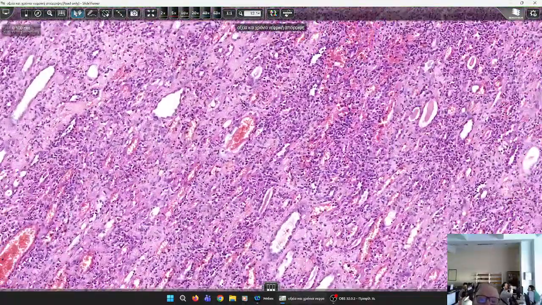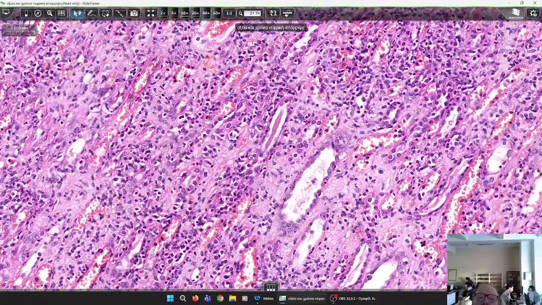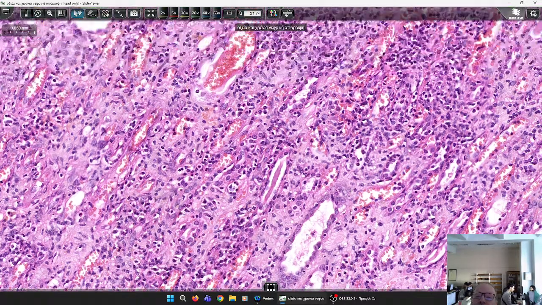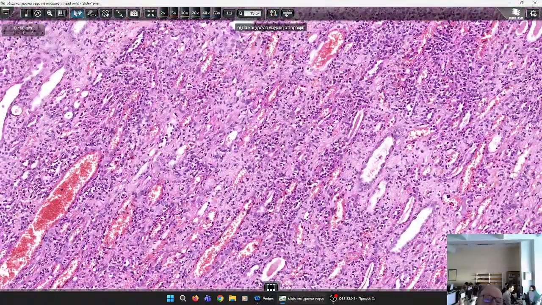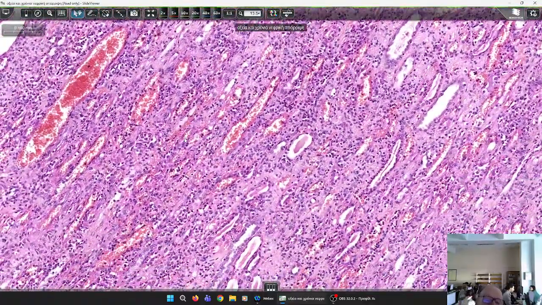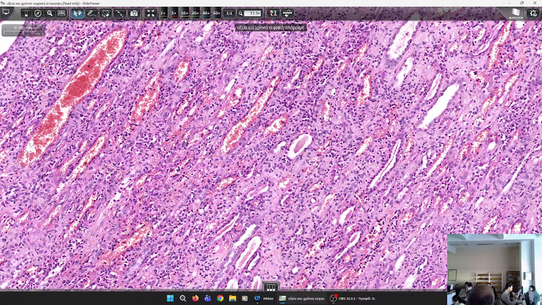So here, let me have a look at another type of rejection which is less severe, and is this type in which you see immune cells entering the epithelium of the urinary tubules. When we see more than 3 lymphocytes in the epithelium of the urinary tubules, this is called tubulitis, and this is a form of interstitial rejection, not so severe as the vascular rejection.